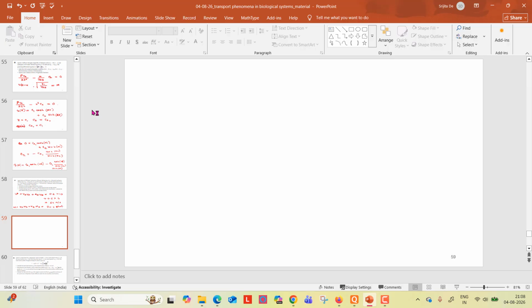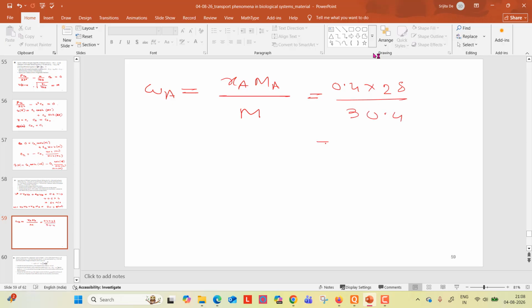Also we know that WA is XA MA by M, so it is 0.4 into 28 by 30.4, coming as 0.3684, and similarly WB is 0.6316.